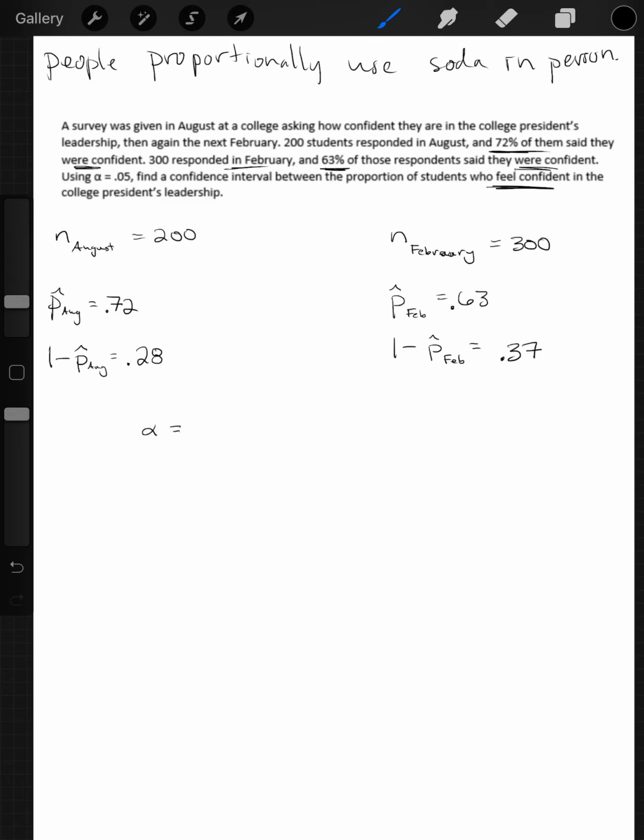We also want to know what alpha is, and this is one of those that gives us alpha directly. So alpha is 0.05, which tells me that my confidence level is going to be 95%. So that's a good thing to keep in mind, and that's all we need here.